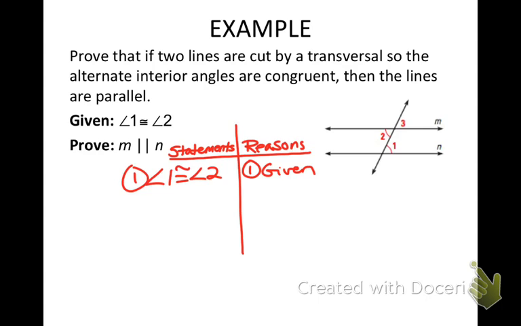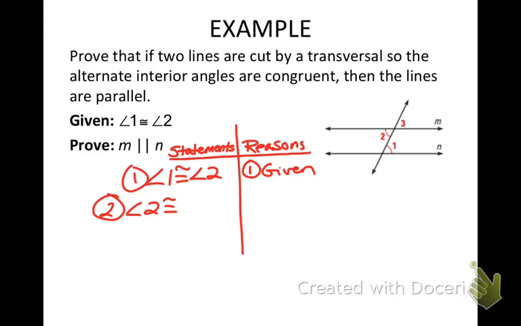So we want to prove why, if alternate interior angles are congruent, my lines are parallel. So what do we know for sure 2 is also congruent to? 3. Why? Vertical angles.